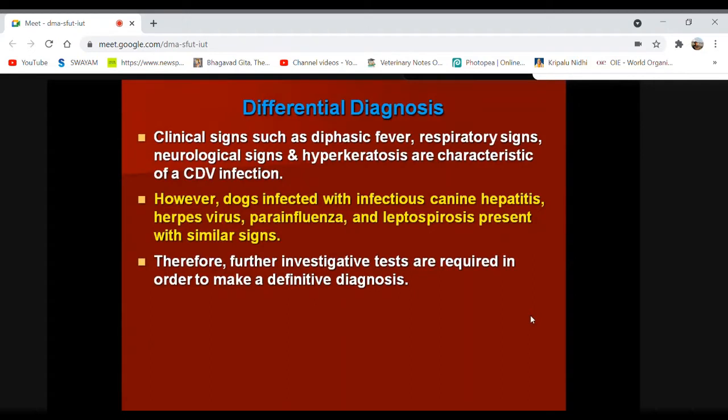However, other conditions like infectious canine hepatitis, herpesvirus infections, parainfluenza, leptospirosis and so on may also show similar signs and symptoms. That's why differential diagnosis should be done. Even rabies may sometimes cause a little confusion because of the salivation and nervous signs. So that should be considered.